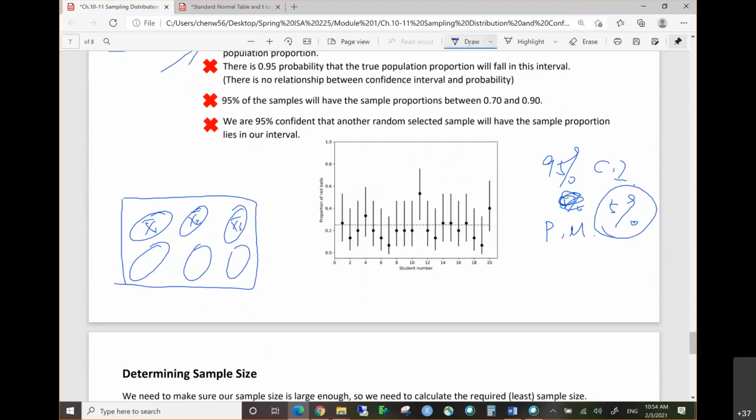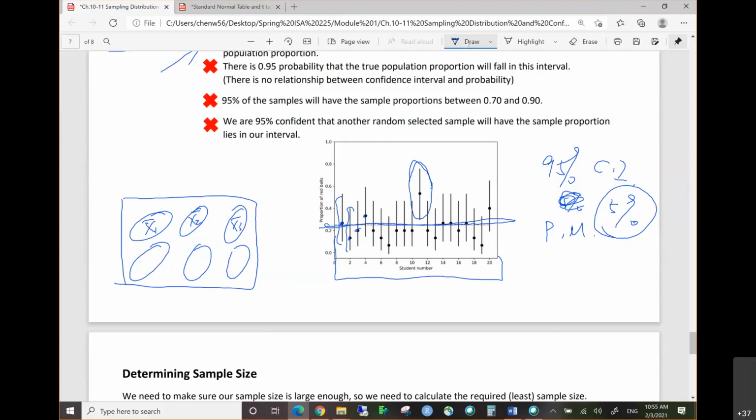we have 20 samples. And based on these sample proportions, right? One dot means one sample proportion. And based on these sample proportions, we can generate a confidence interval. And that means only this confidence interval didn't contain the true population proportion, only this one.